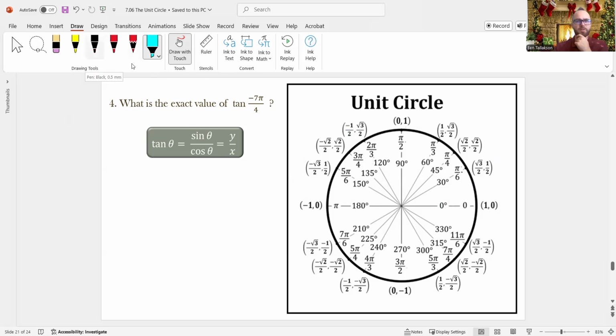Okay, I need to first find where in the world that is. Where's positive 7 pi over 4? Right there. Look at that. If I'm going in the positive direction, I'm going nearly all the way around the circle. So there's the positive version. And remember, like we said a moment ago, to find the negative version, you just go directly above.